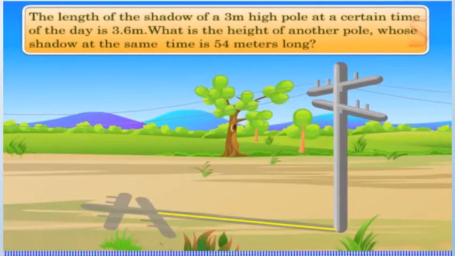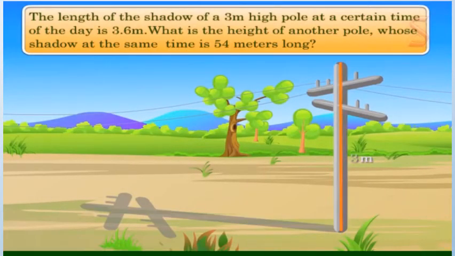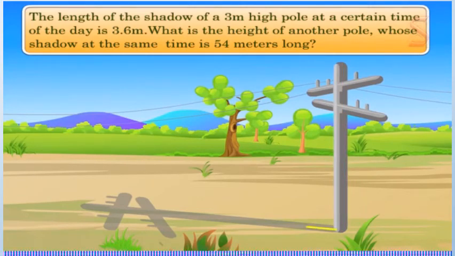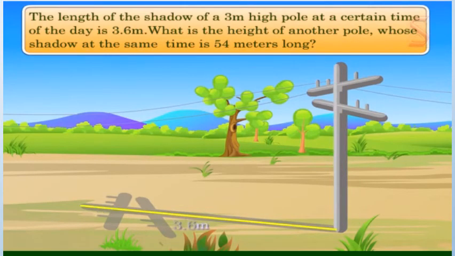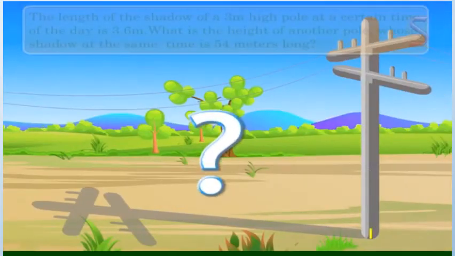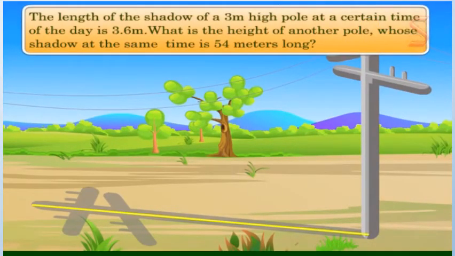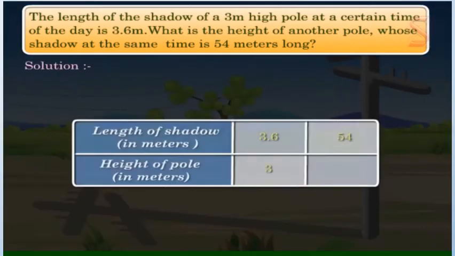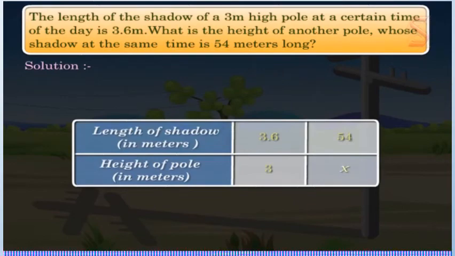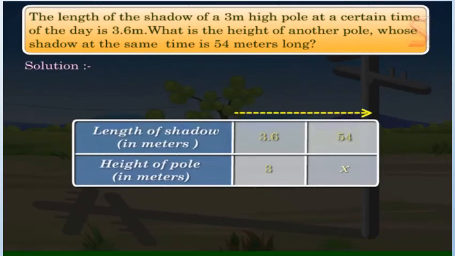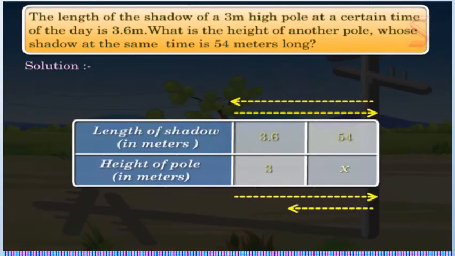The length of the shadow of a 3-meter high pole at a certain time of the day is 3.6 meters. What is the height of another pole whose shadow at the same time is 54 meters long? Let the required height of the pole be x meters. It is clear that as the height increases or decreases, the length of shadow will increase or decrease.